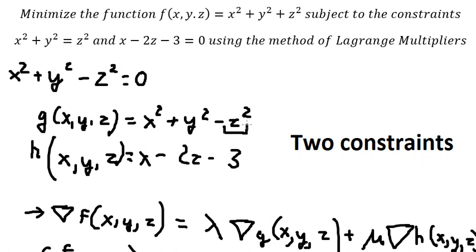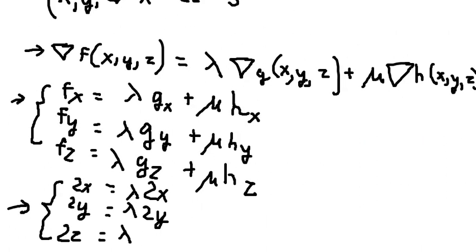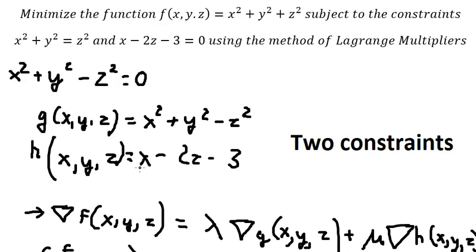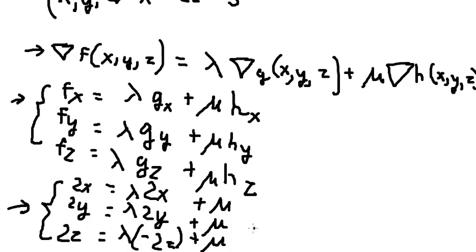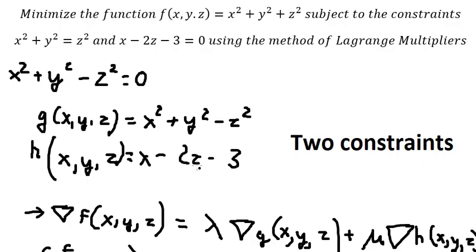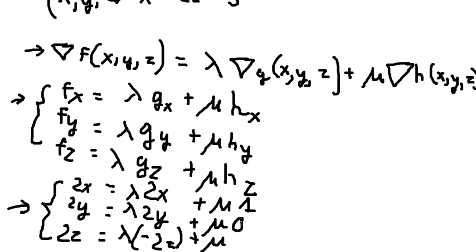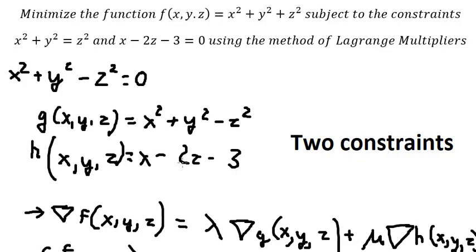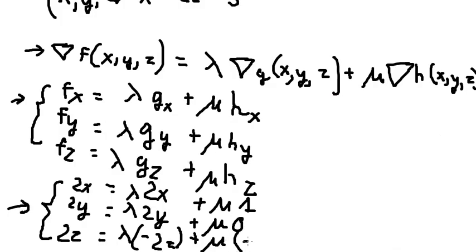The derivative of negative z², we have negative 2z. So first the derivative of x, we have number 1. This one we don't have y, so you got number 0. This one we have negative number 2.